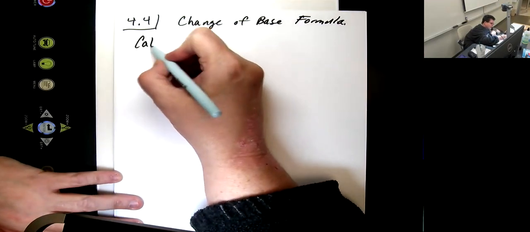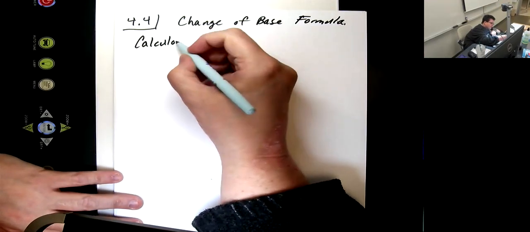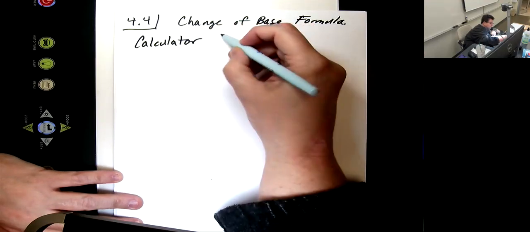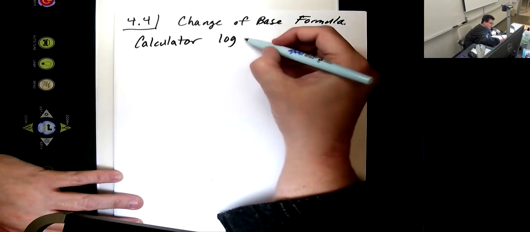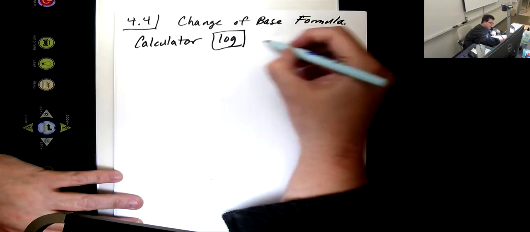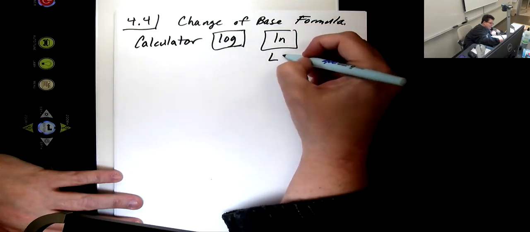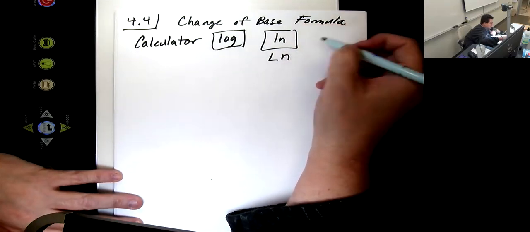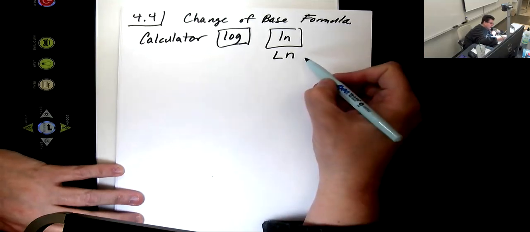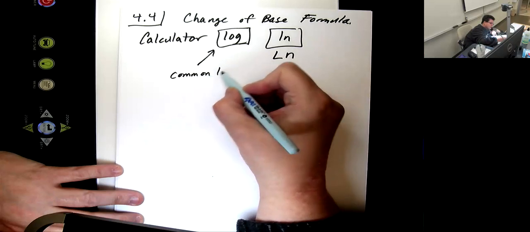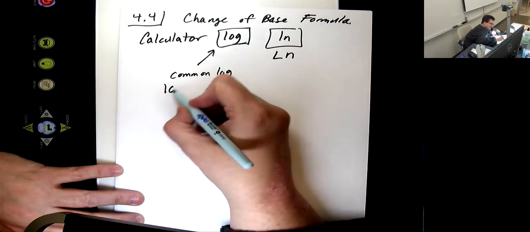On a calculator, you only have two versions of the log button. The calculator has log and it has ln. That is an L, but it doesn't look like an L, it's usually a lowercase l. This is the common log, and it means log base 10.